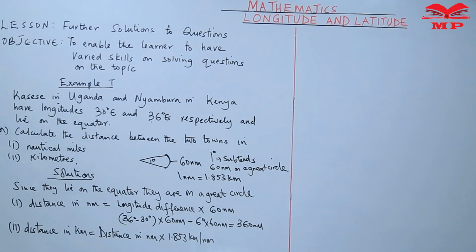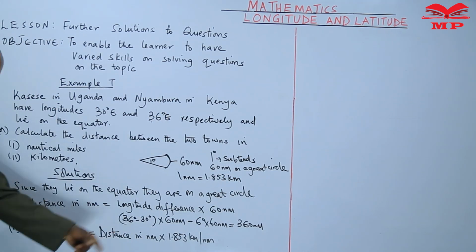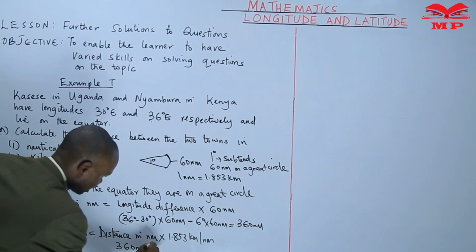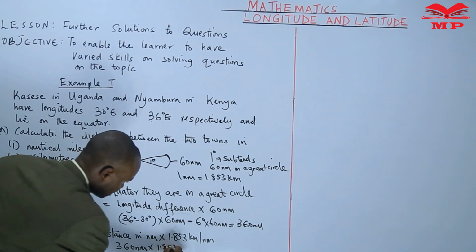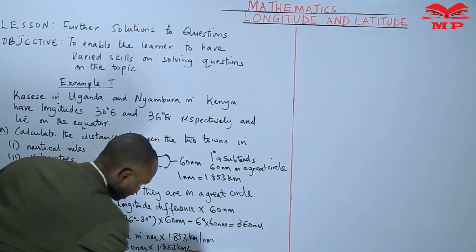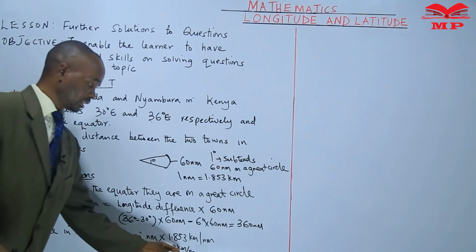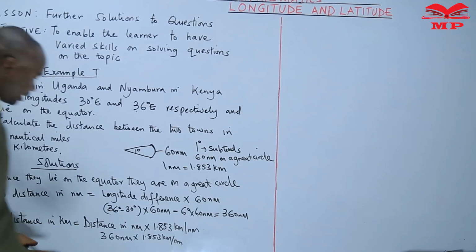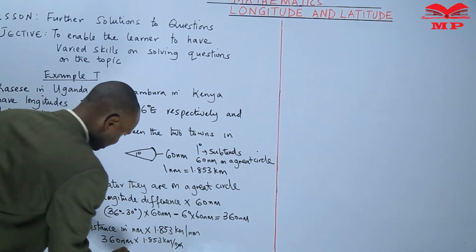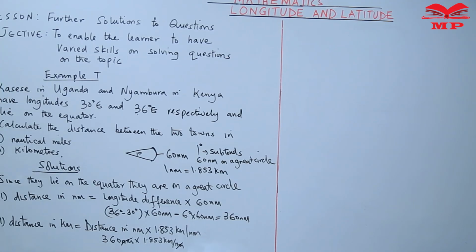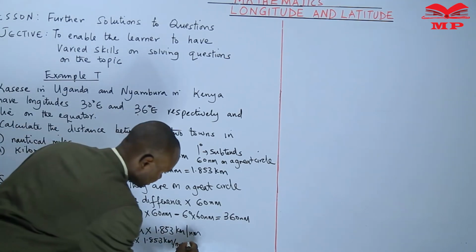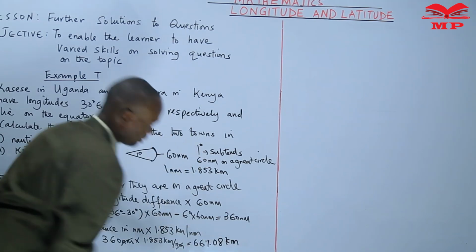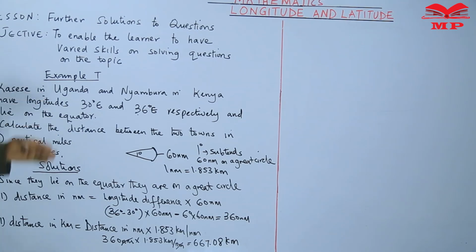So it'll be 360 nautical miles times 1.853 kilometers per nautical mile. The nautical mile cancels with nautical mile, so the answer will come to 667.08 kilometers. So Lana, check how you move.